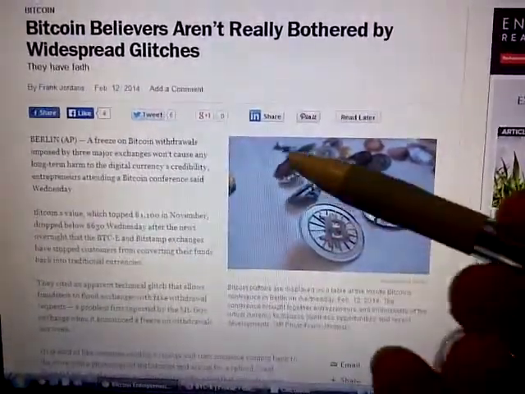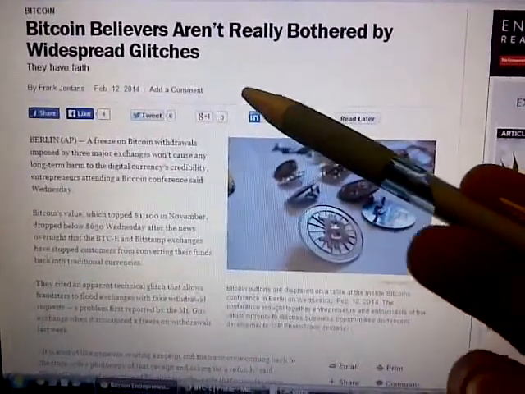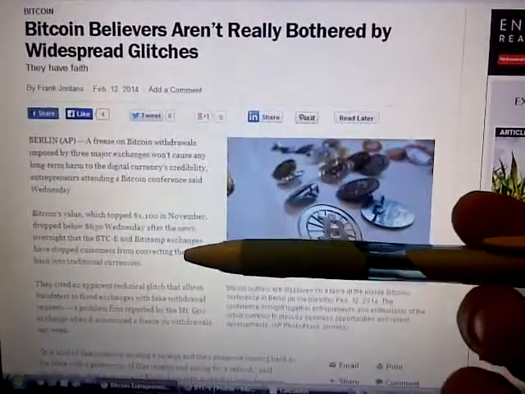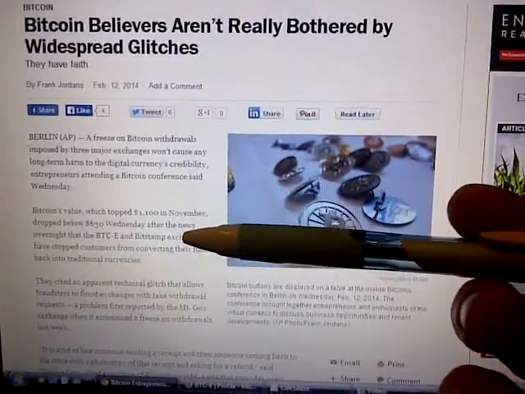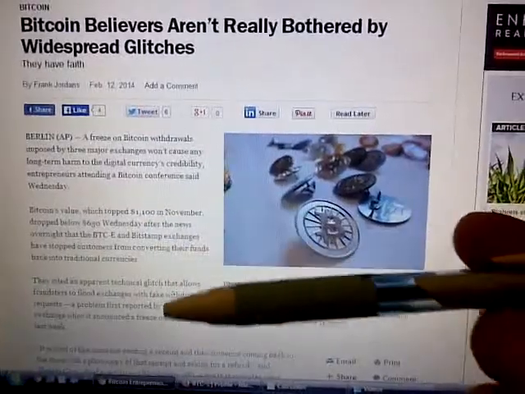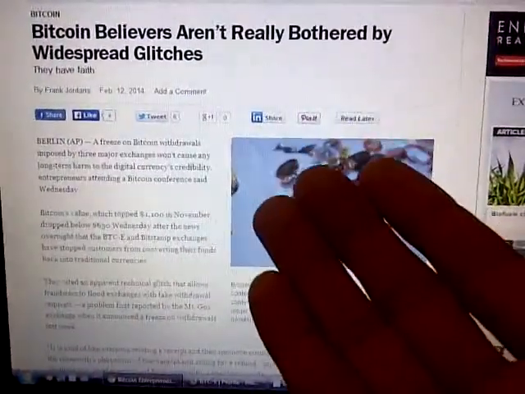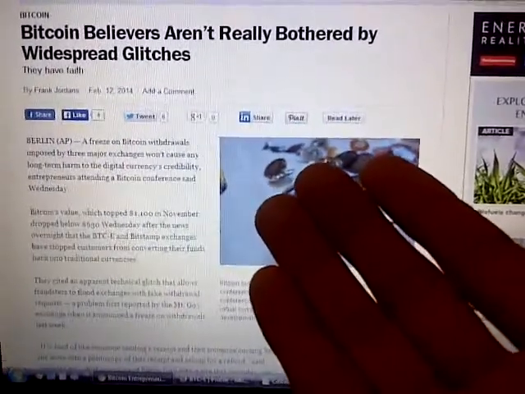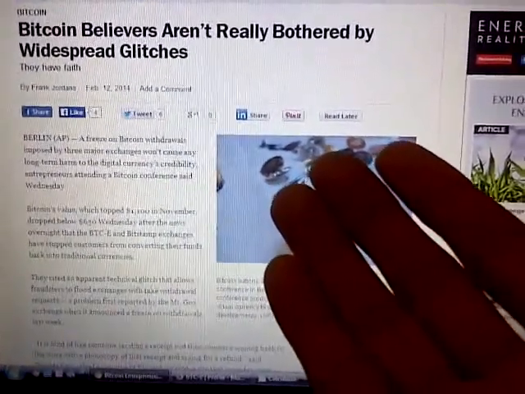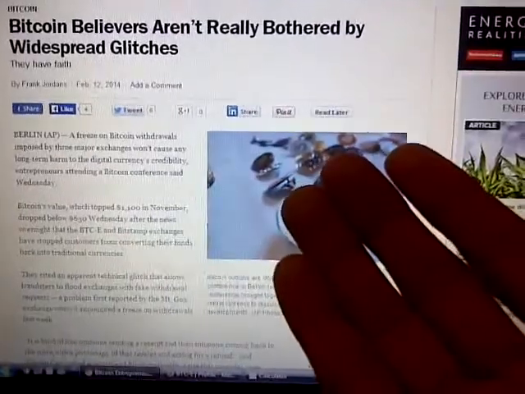Anyways, something like this happening, and the disruptions in the service, it's just going to make Bitcoin stronger, and I'm glad it's happening now rather than later, so this can be addressed and done with, and then we can continue.